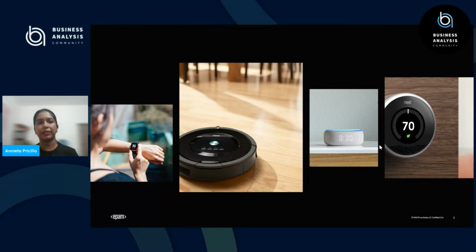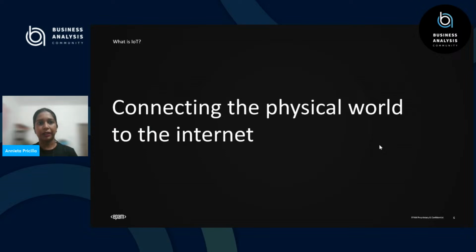Nowadays, you have smart devices in almost every category, from smart refrigerators to smart ovens. Most of these devices work on the principle of IoT, Internet of Things. So, what is IoT then? It basically means that we are connecting all of these devices from the physical world to the internet.